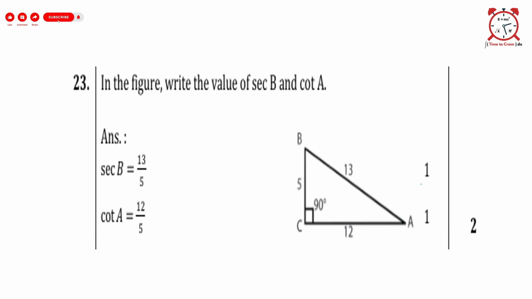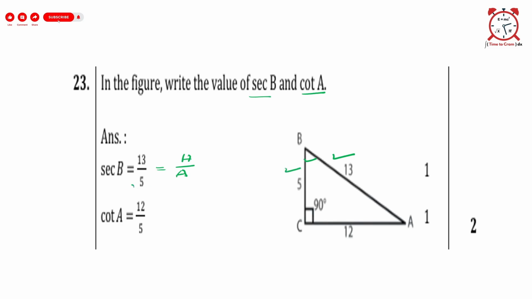Next question, question number 23. In the given figure, write the value of sec B and cot A. So the figure is already given. Sec B, we know, is hypotenuse upon adjacent. So as per sec B, the hypotenuse is 13 and the adjacent is 5.